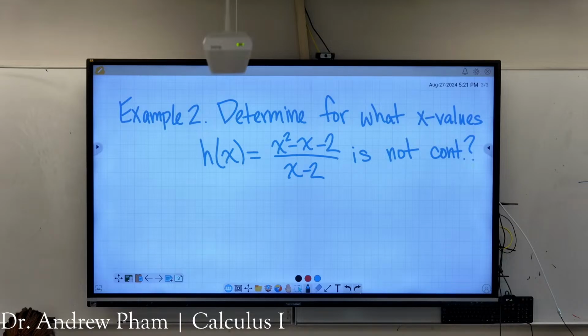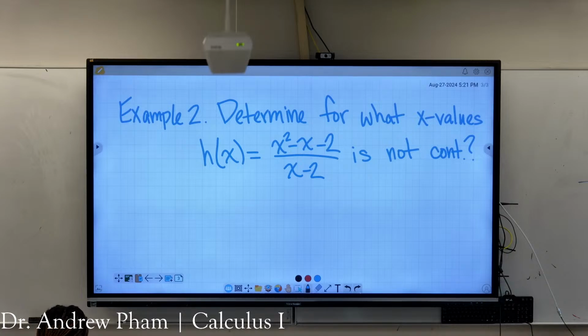I haven't mentioned this definition yet, but we're going to see continuous generally means that I can continue first off to plug in values, and they're all connected to each other. If I look at this function h of x, are there any values I would want to avoid? Yeah, what happens whenever I try to plug in 2?